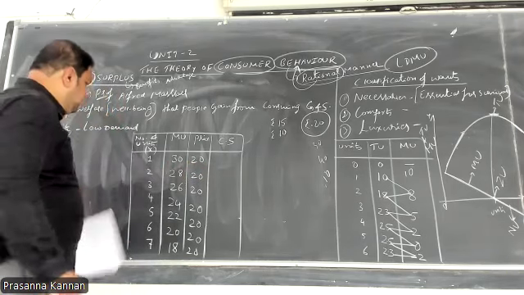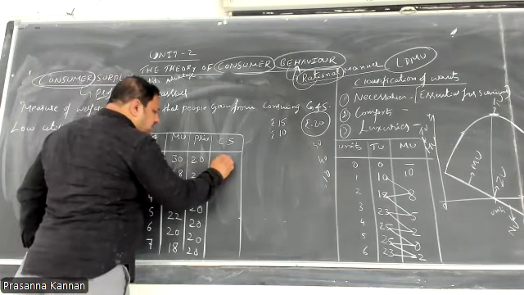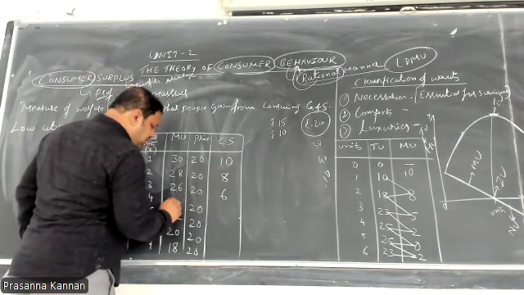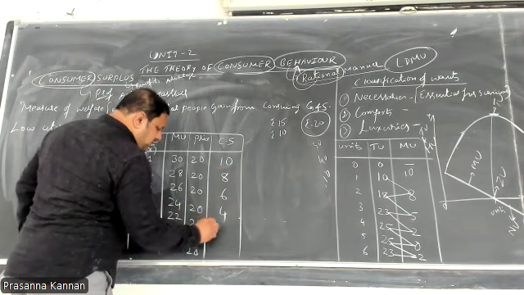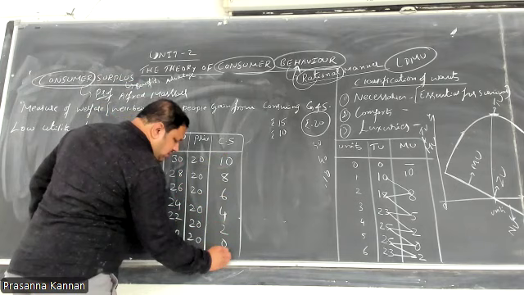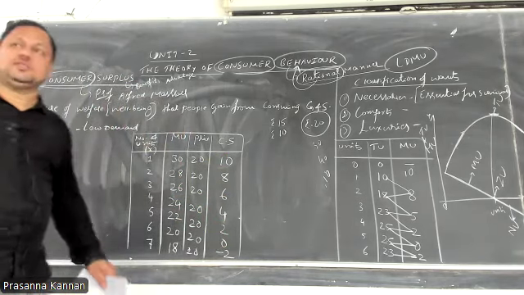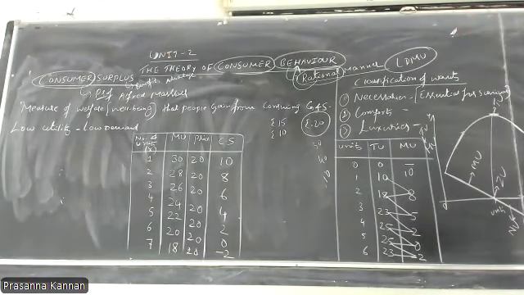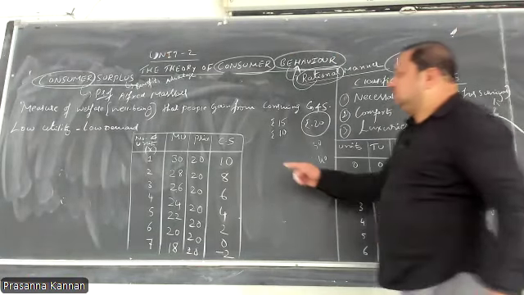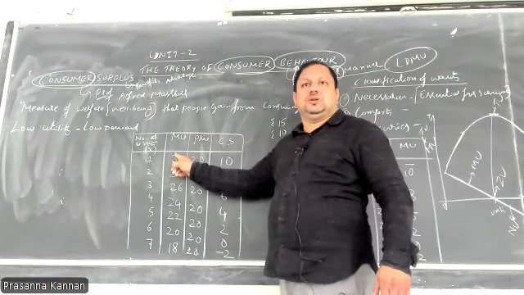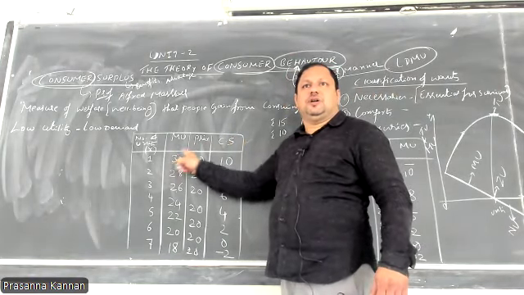What is it? 30 minus 20, 28 minus 20, and so on. This is what is called the law of diminishing marginal utility with the consumer's surplus. It is the difference between MU and price.